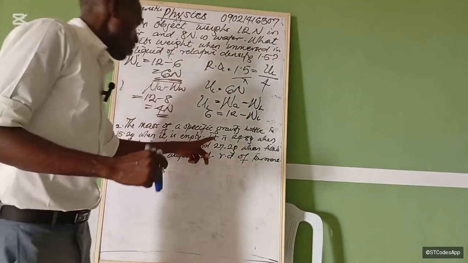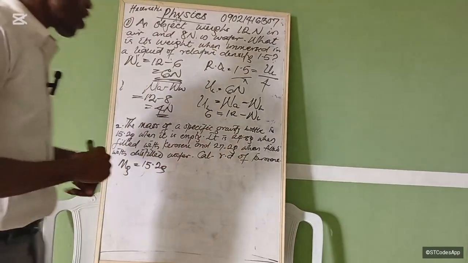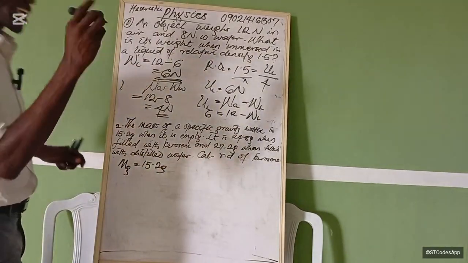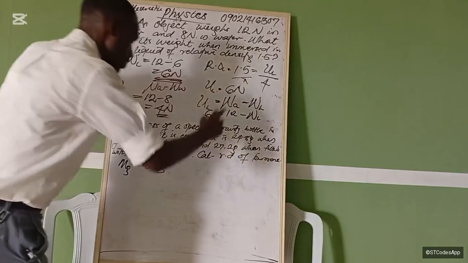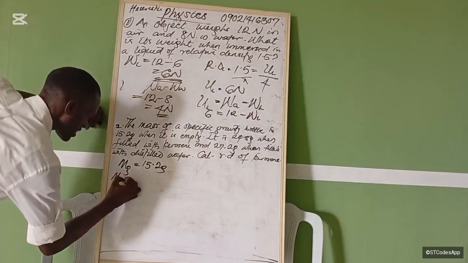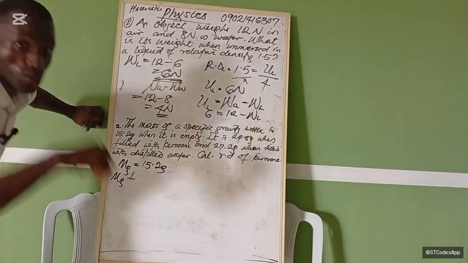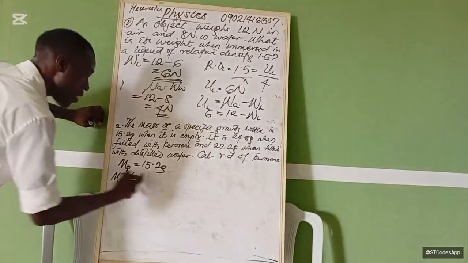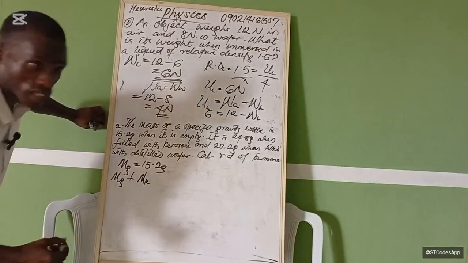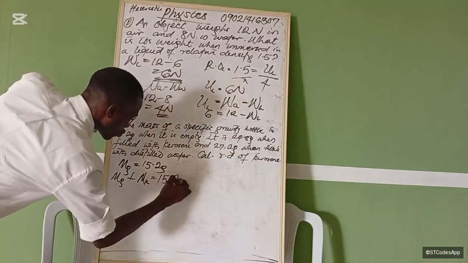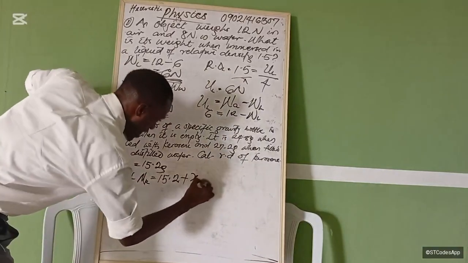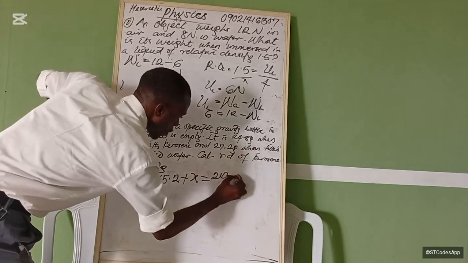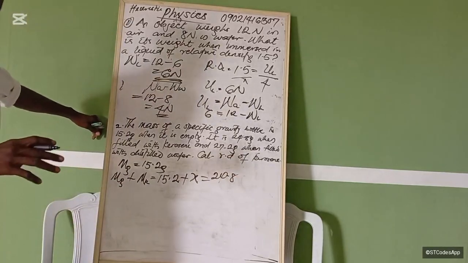When it is empty, its normal mass is 15.2. It is 24.8 when filled with kerosene. So this 24.8 is going to be the mass of the bottle plus the mass of kerosene. So that becomes 15.2 plus a particular mass x to give us 24.8.